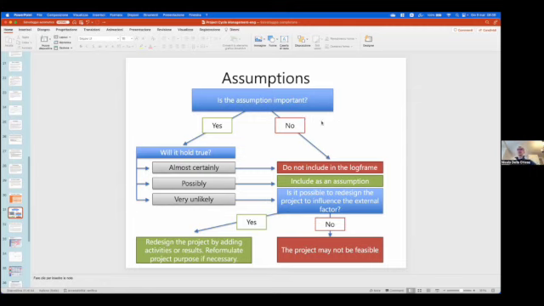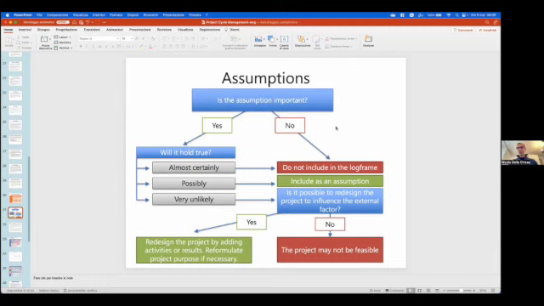Examples of non-relevant assumptions are very general assumptions, like the national economic situation, or the fact that there might not be, let's say, social general disruptions.